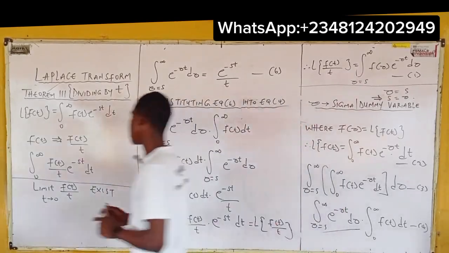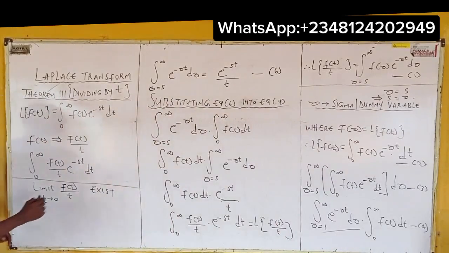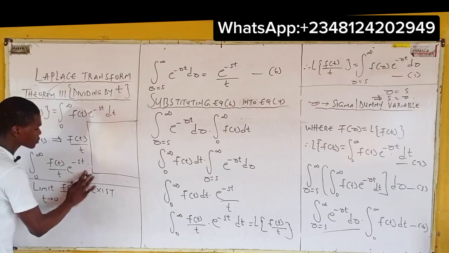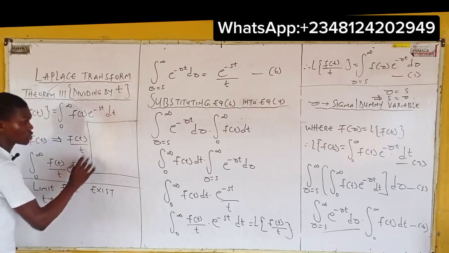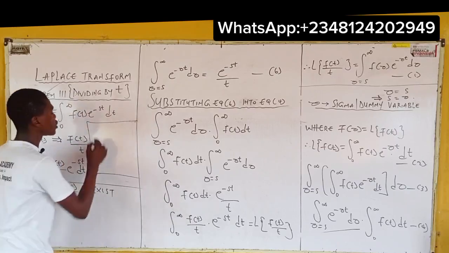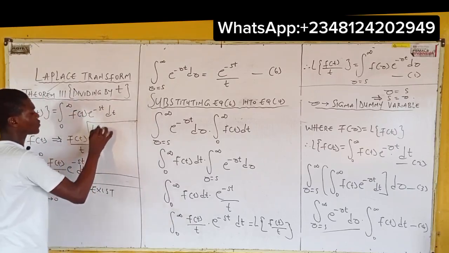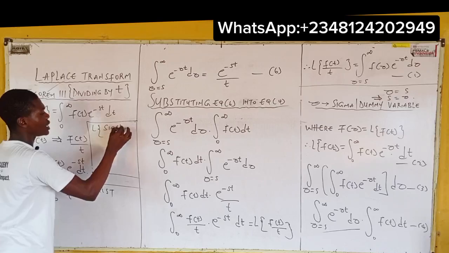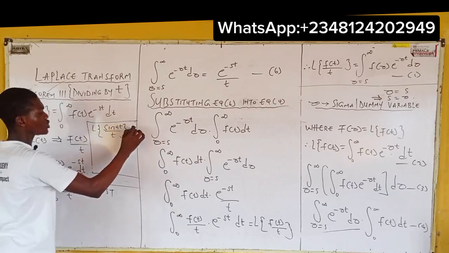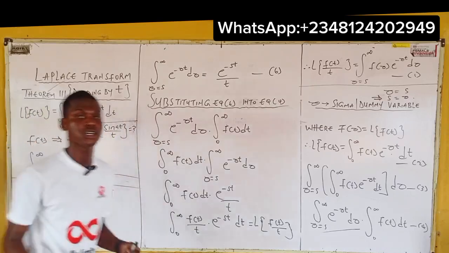So let's take an example. Just to understand what I'm saying better before we proceed, the question says: find the Laplace transform of sine at over t. Obviously, this question is under the dividing by t theorem, right?